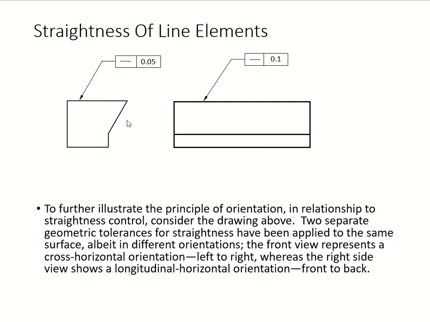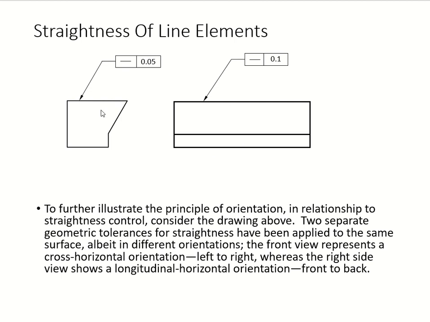We're going to continue with this example here. We have the same surface, but we have two different geometric tolerances, because they're in the control frame, meaning this little box right there. They're dealing with straightness because you can see the symbol, with a different tolerance value in there. The only thing that's different is they're in a different orientation, so that's orientation 1 and 2.